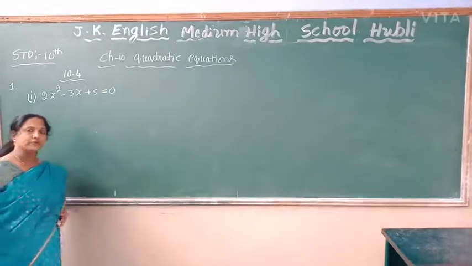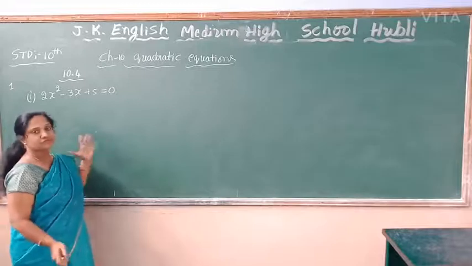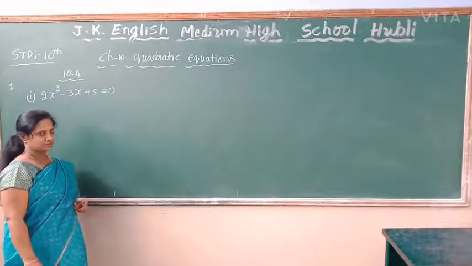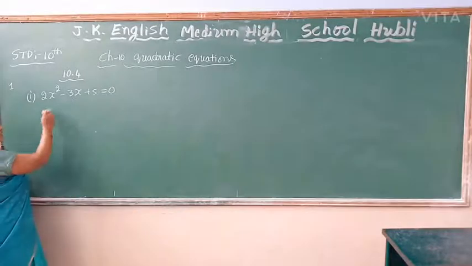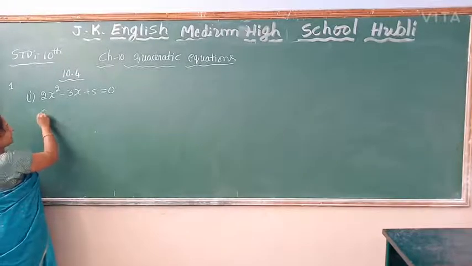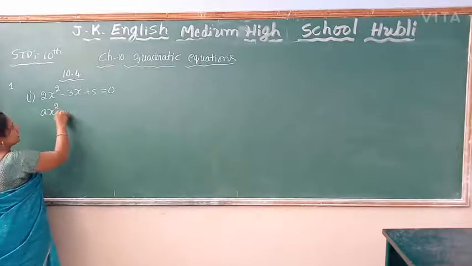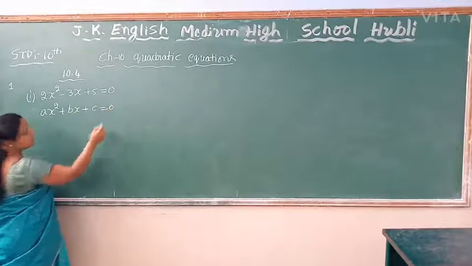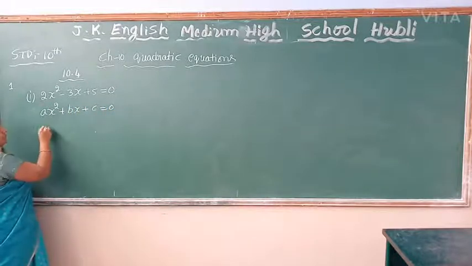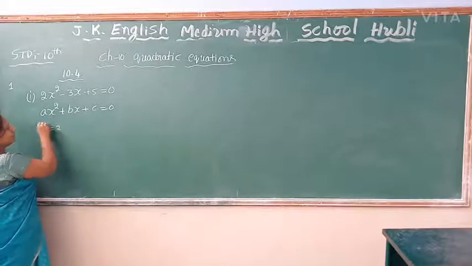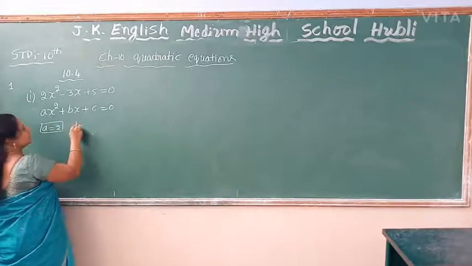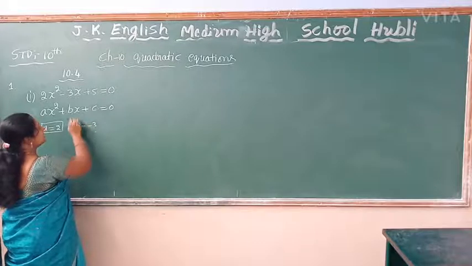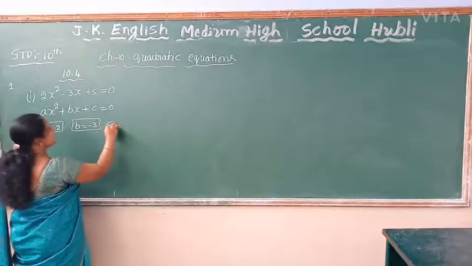First I will find out the nature of the roots of this quadratic equation. For that I will compare with the standard form of a quadratic equation, ax square plus bx plus c is equal to 0. The a value is 2, the b value is minus 3, and the c value is 5.